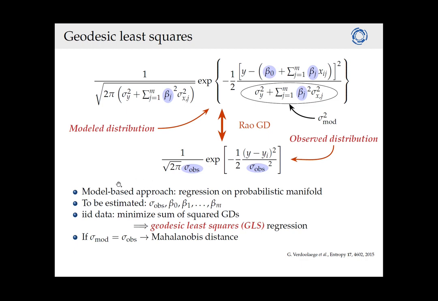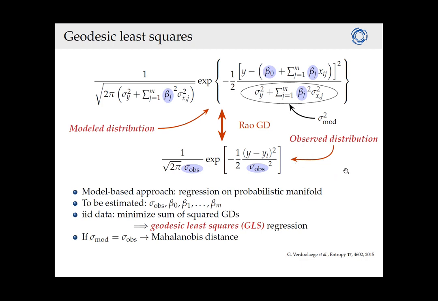So the difference with minimum distance estimation, which I mentioned before, is that this is clearly a model-based approach. You use a certain model for the model distribution and a Gaussian model for the observed distribution. And minimizing those raw geodesic distances is actually equivalent to regression on a probabilistic manifold.